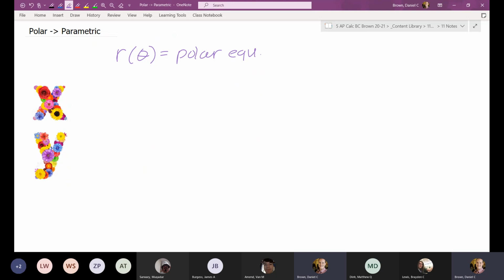It's technically a parametric equation in disguise, because we know x is equal to r cosine of theta, y is equal to r sine of theta, and that r there is literally the same r as in your polar equation. So often when we're doing calculus with polar functions, we're just going to convert it into its parametric mode, looking at the x's and the y's.